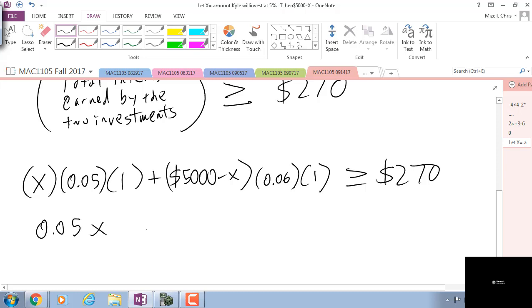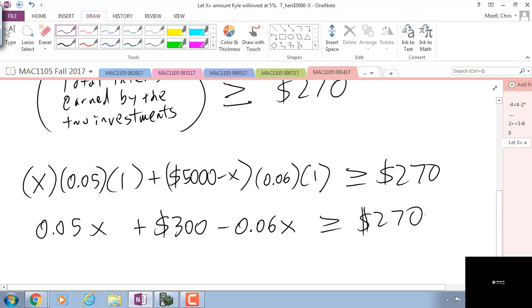0.05X plus 6% of $5,000, $300 minus 0.06X. That's going to be greater than or equal to $270.